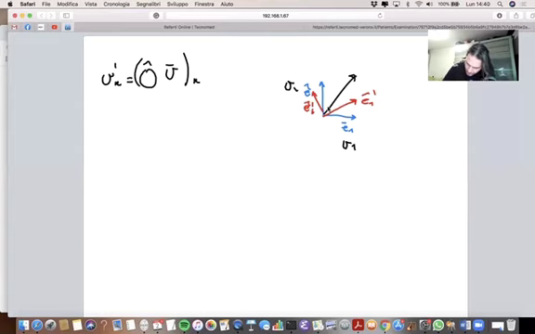And I want my new set of components in this new basis, which I will call v1 prime and v2 prime. The new components are obtained from the old components through a matrix, which in this case is a rotation matrix. So basically, v_k prime is the sum over l of O_kl v_l.